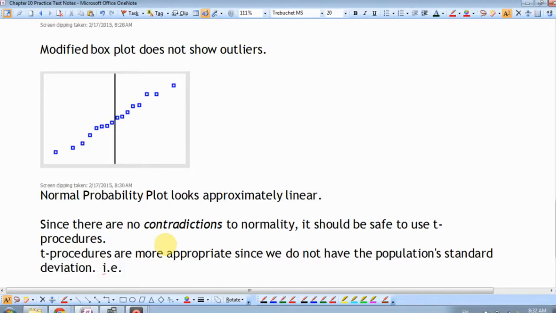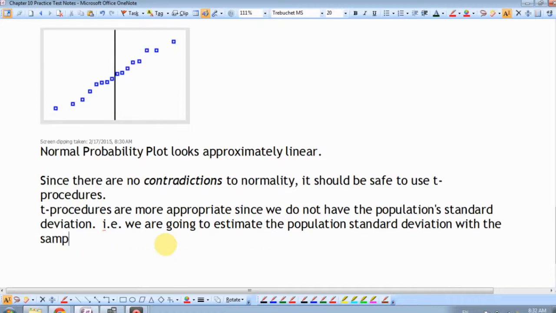I.e., we are going to estimate the population standard deviation with the sample's standard deviation.